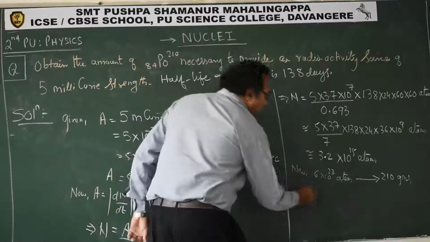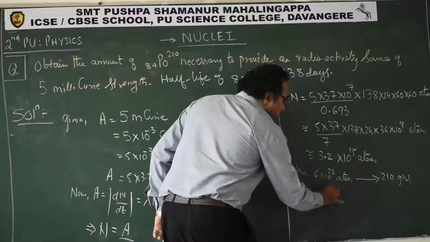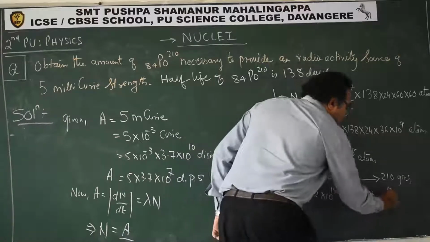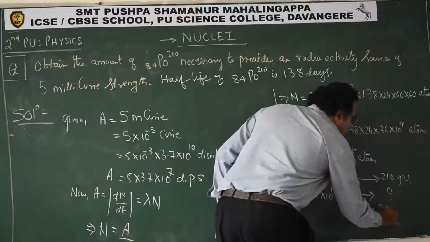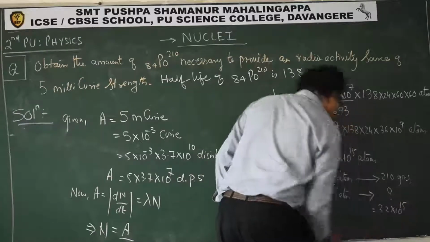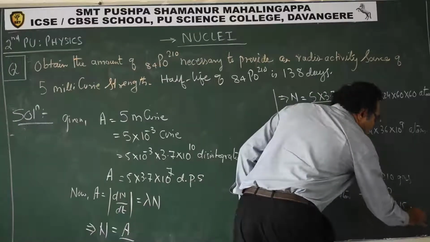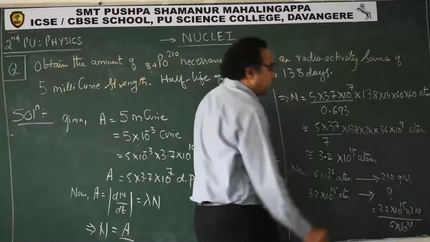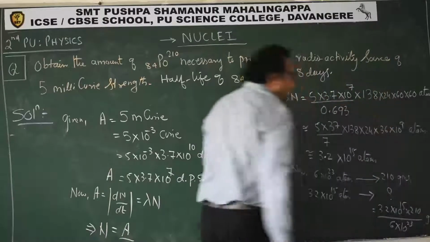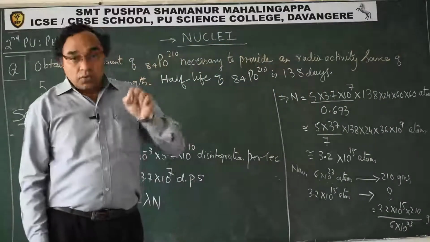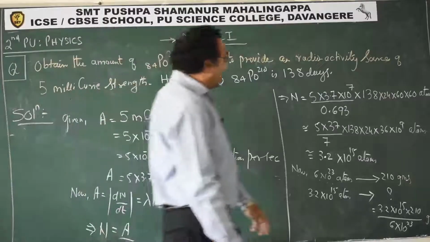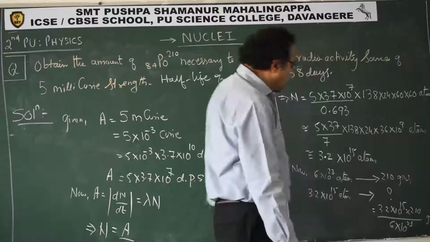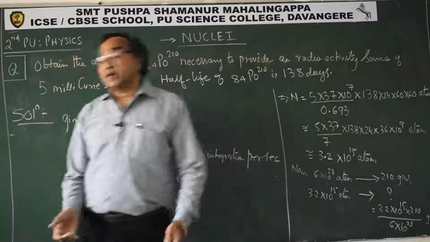So 3.2 into 10 power 15 atoms will be present in how many grams? That is nothing but 3.2 into 10 power 15 into 210 upon 6 into 10 power 23. This is exactly how you are supposed to solve to find the amount of polonium. We can simplify this and cancel.